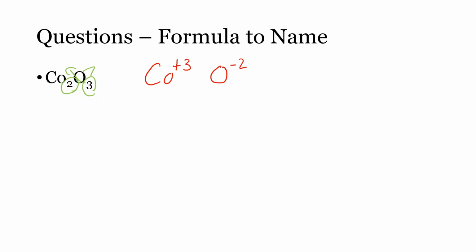Now, if we take a look on the periodic table, our oxygen does have a -2 charge, which means that this is correct. So our Co is cobalt. The Roman numeral for 3 is just 3 I's. And then our oxygen becomes oxide. So we get cobalt(III) oxide.